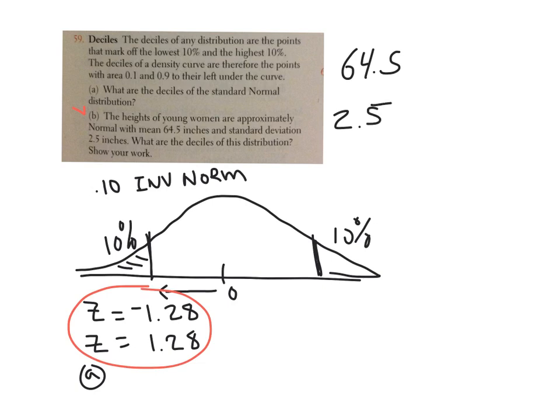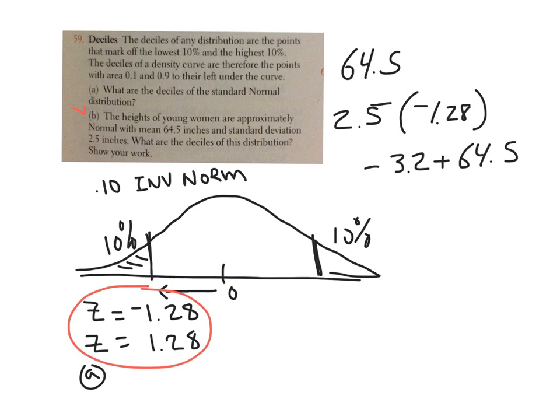The lowest 10% would be 2.5 times negative 1.28. Negative 1.28 times the standard deviation gives me 3.2, subtracted from 64.5. So here we are at the average and down here.